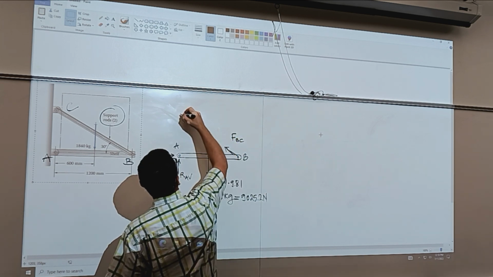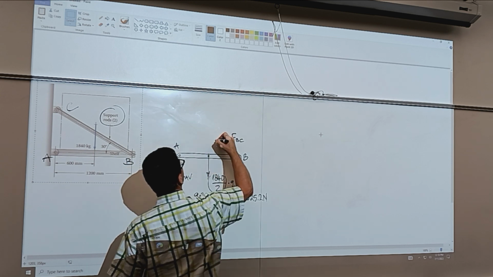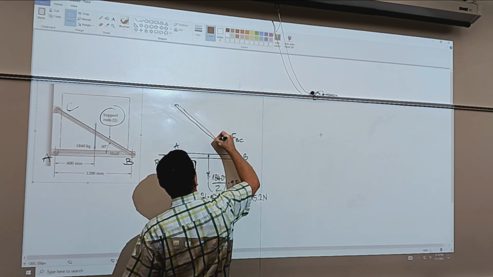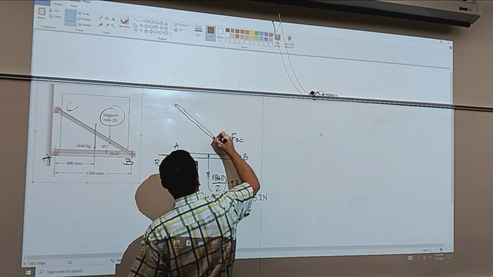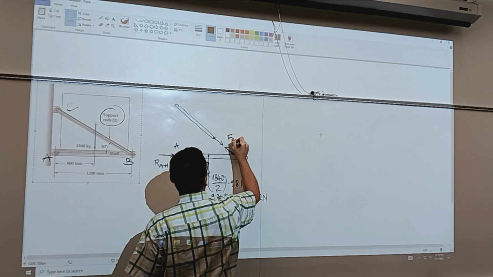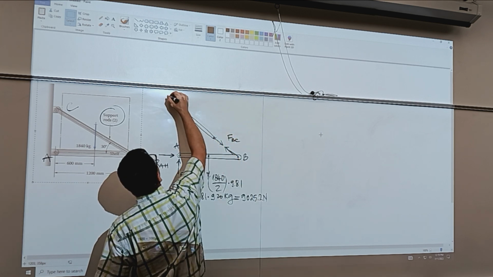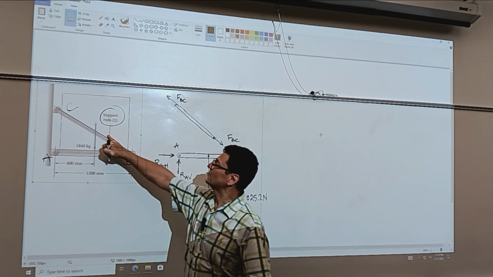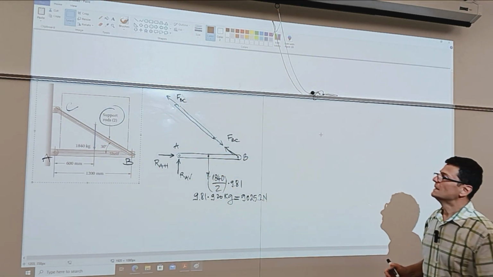Okay, and I can show the link. I need to move it off its original location. And I'm showing it will be the same FBC. Again, neglecting the weight of the support rod.